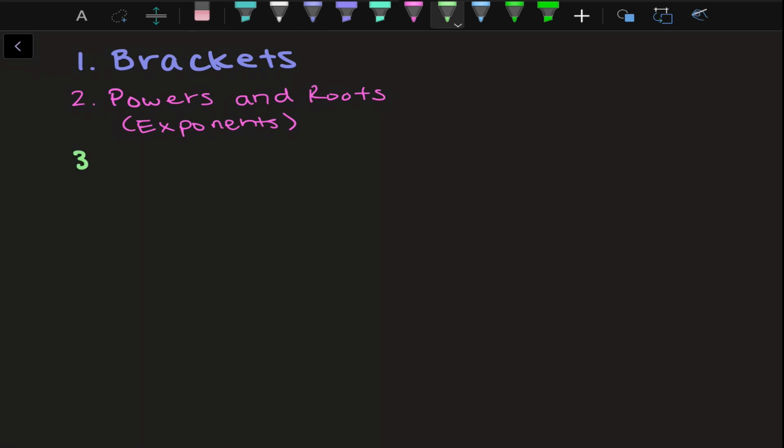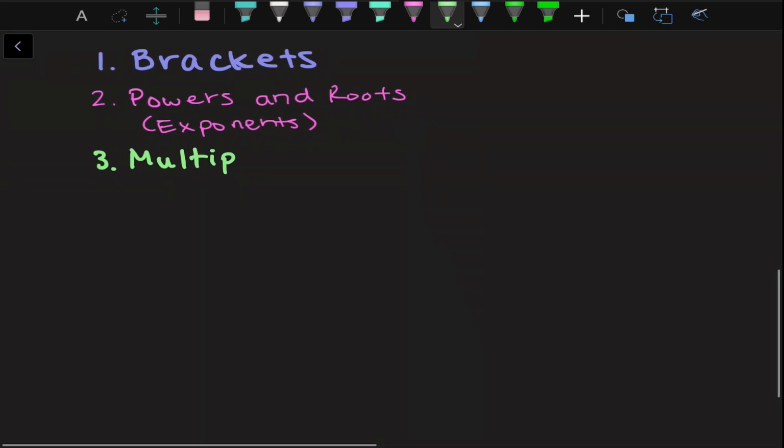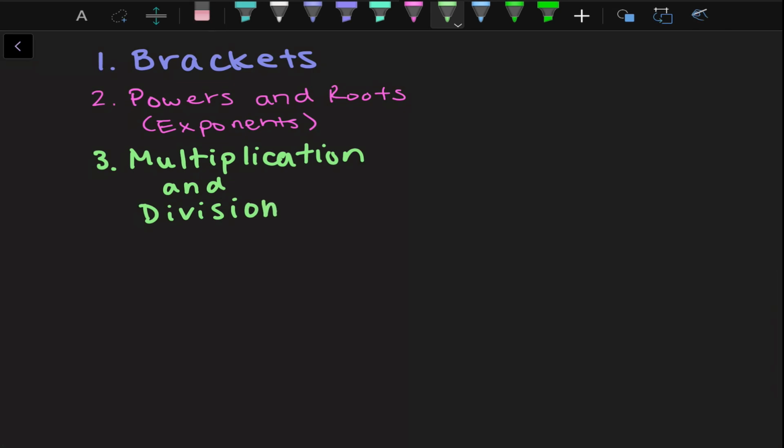Third, we're going to look at our multiplication and division. Now it says multiplication and division, so this means that if we have something like 4 times 2 divided by 7, let's say.